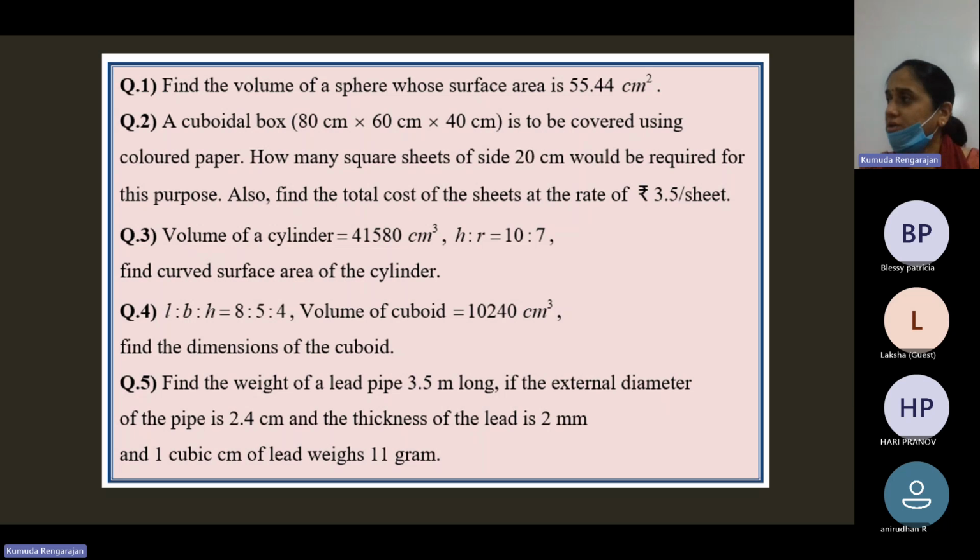Or if you got 38.808 volume, Sahana, for the first one. No?